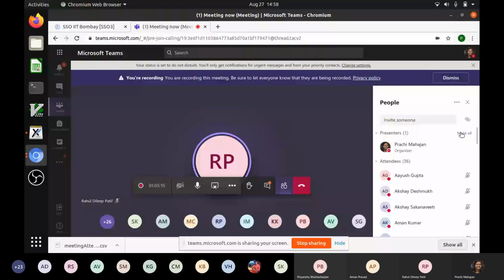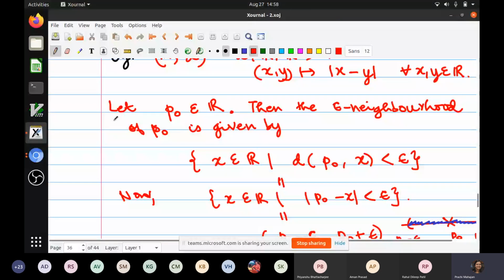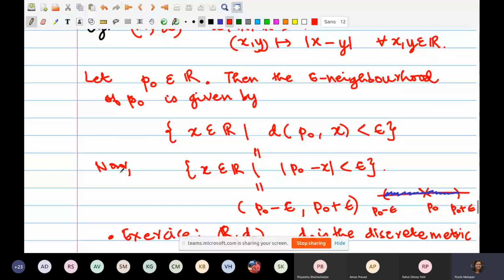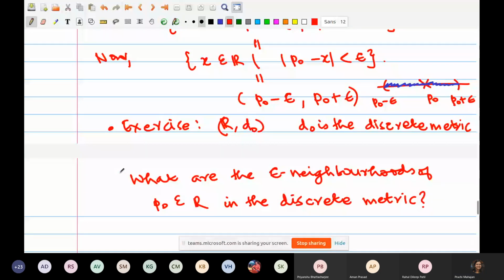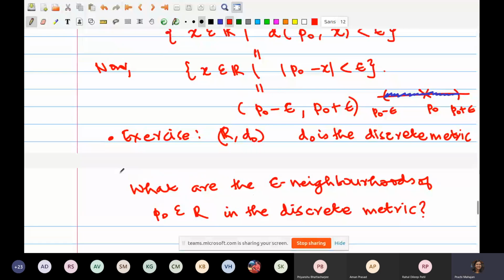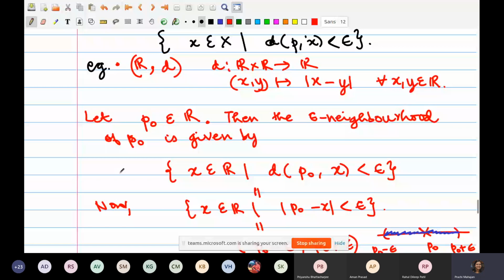All right. Let's go back to our slides. If this little example is okay with everybody, all I want you to do is work with the same set, but now a different metric, this time the discrete metric, and tell me what the epsilon neighborhoods are. The neighborhoods depend on the metric d.